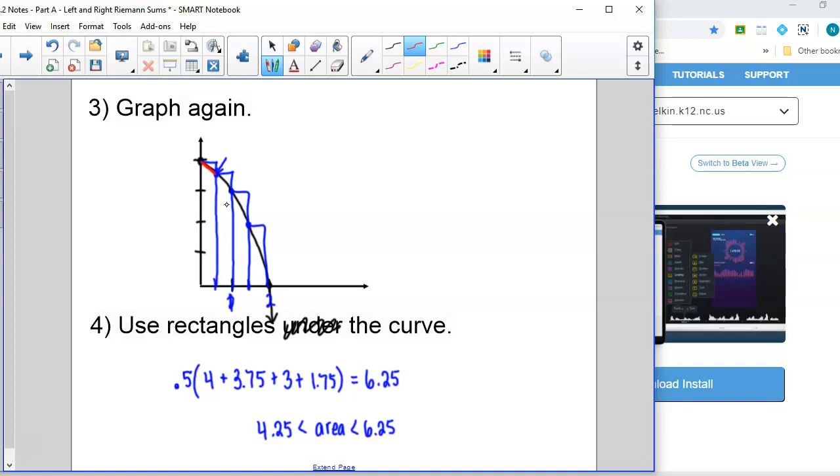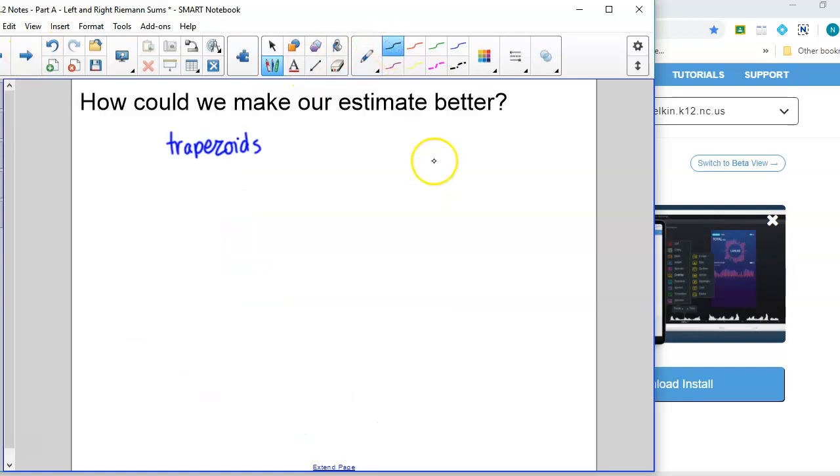What if I did this? What if I had that same shape, and I did this? Same exact shape, but more rectangles. Would that be better? Be a little bit closer, right?